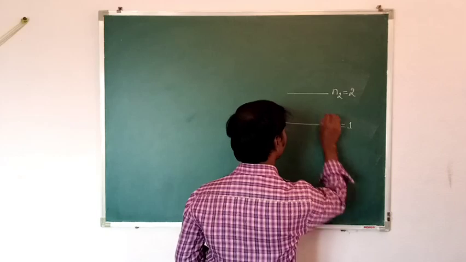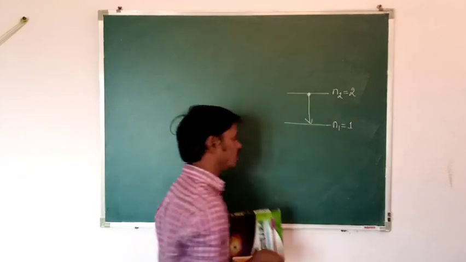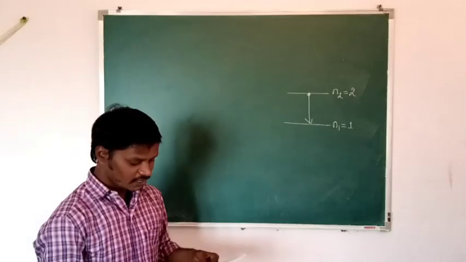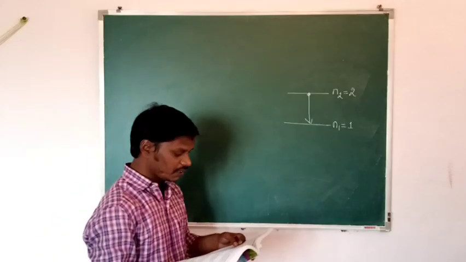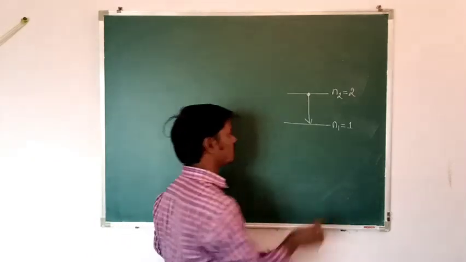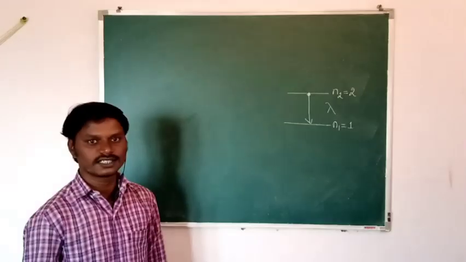So when the electron in hydrogen atom jumps from second orbit to the first orbit, the wavelength of the radiation emitted is lambda.